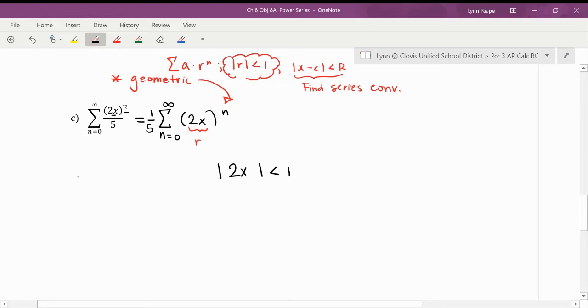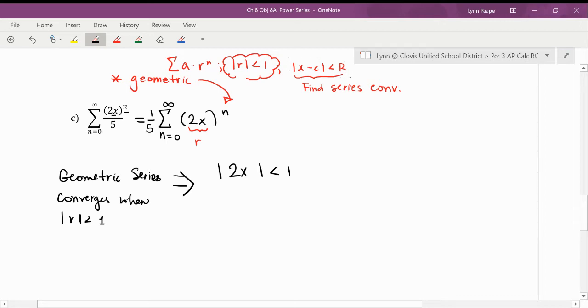The geometric series converges when the absolute value of r is less than 1. And so that's what I'm doing right there. So now I have the start of this equation.